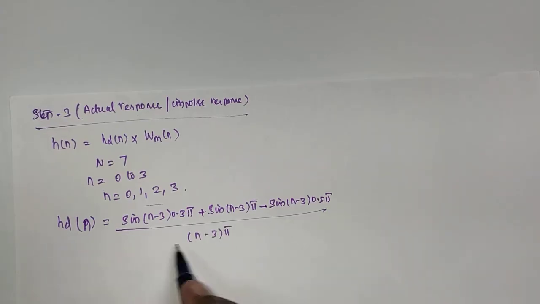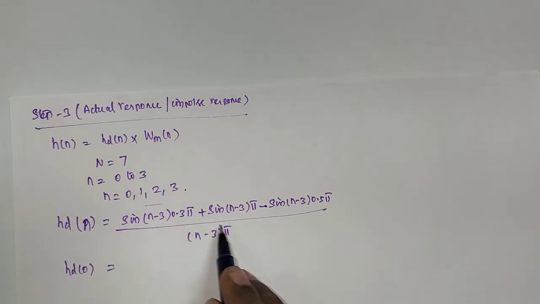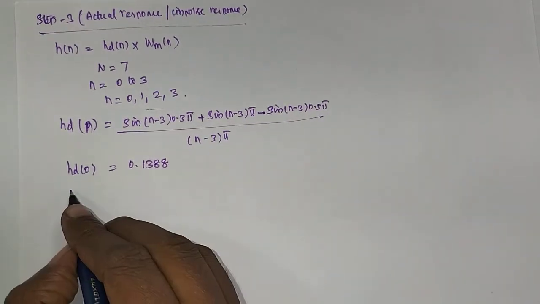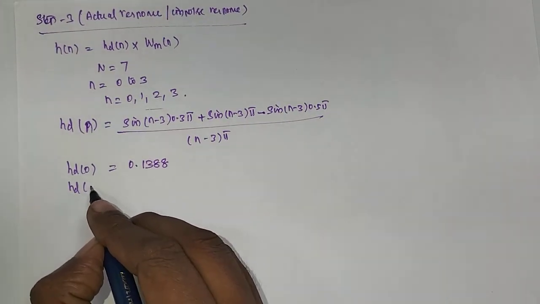So for hd of 0, substitute n is equal to 0 here, the hd of 0 value is 0.1388. Keep your calculator in radian mode to find the value for different n values 0, 1, 2 and 3.